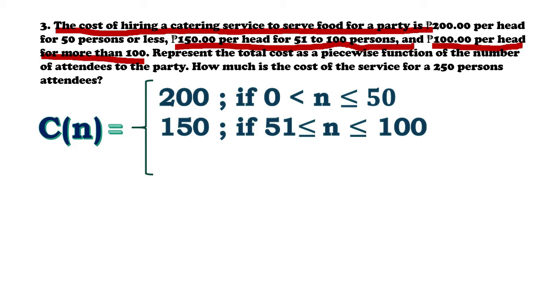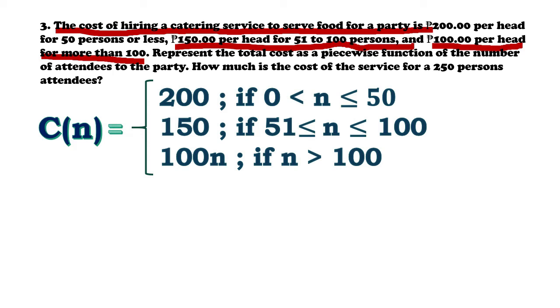However, if the number of attendees is more than 100, we have 100 times the number of attendees if n is greater than 100.